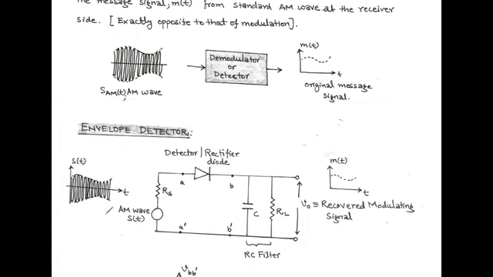We call it a function of t, that is connected with a series resistance. The output of the rectifier diode is connected with an RC filter, which is a type of low pass filter. So after rectification and filtering, we get a recovered modulating signal that is called the message signal.